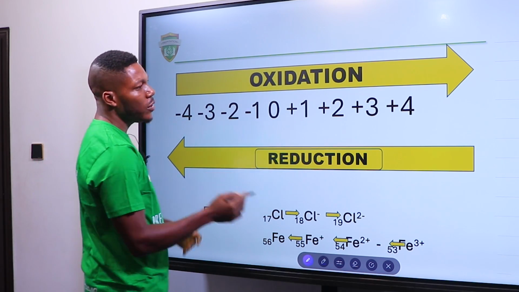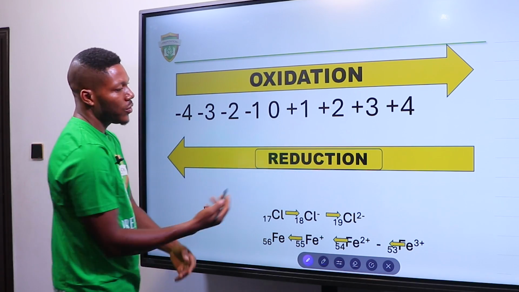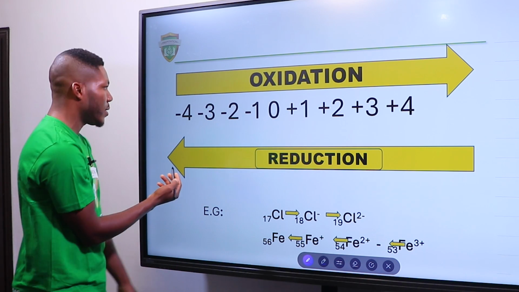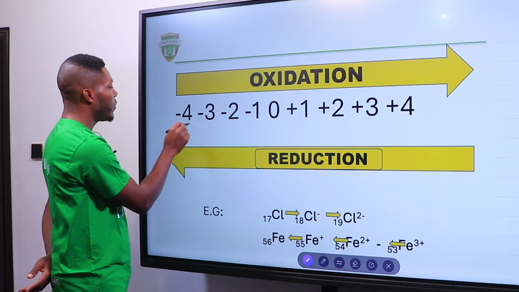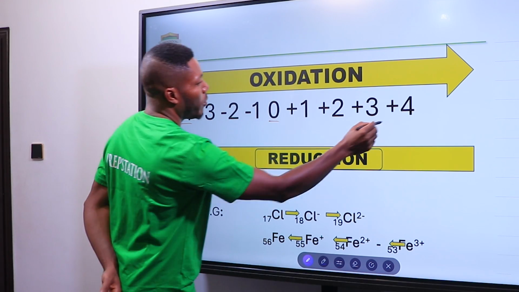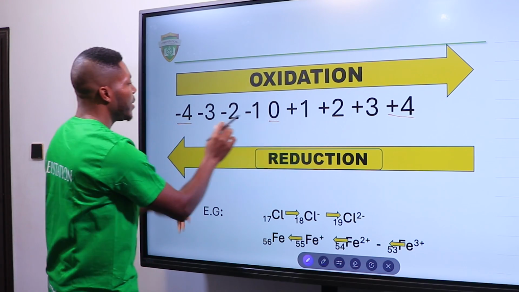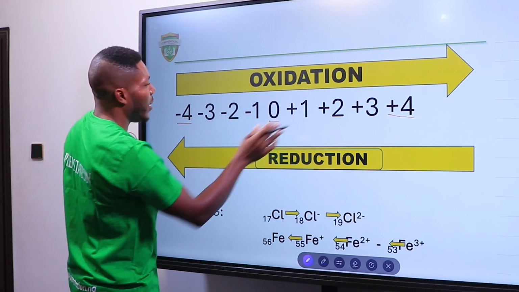Then from right to left, from +4 to -4, something else is happening. And then look at this. From -4 to 0, then from 0 to +4, when you're moving from left to right, shows that this is loss of electron.